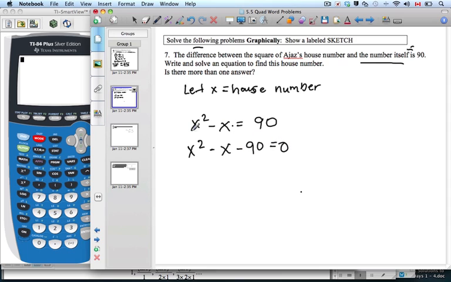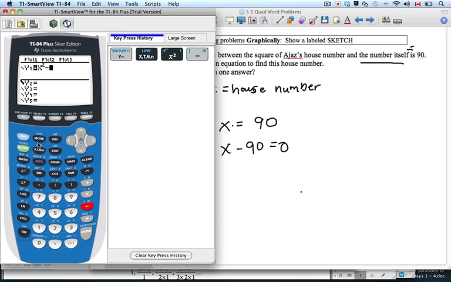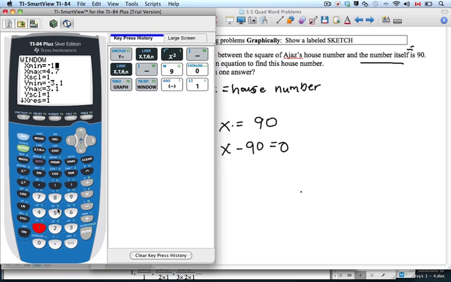Great. Okay, so let's go to our calculator and we'll type in x squared minus x minus 90. And we'll go ahead and look at the graph. It doesn't look like we can see it, so let's pick a different window. Let's go from -15 to 15.